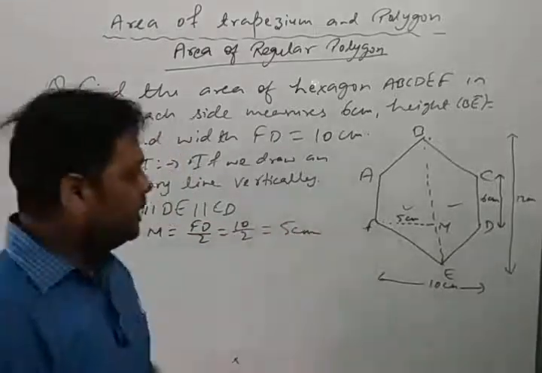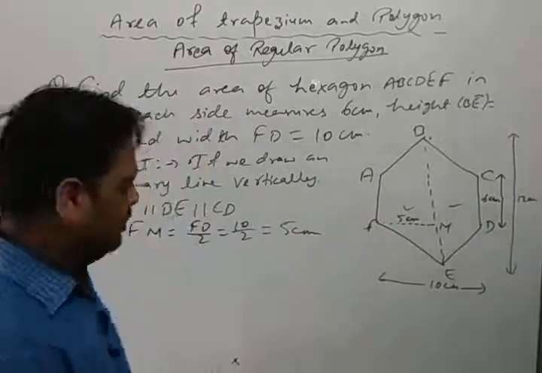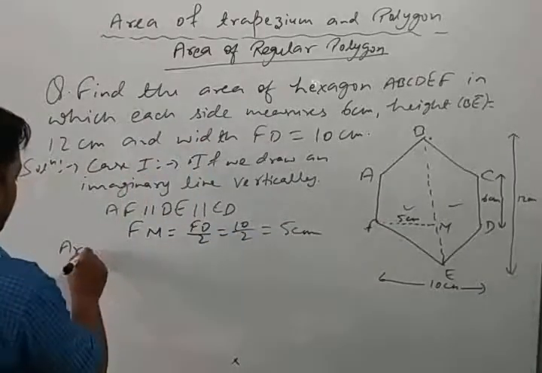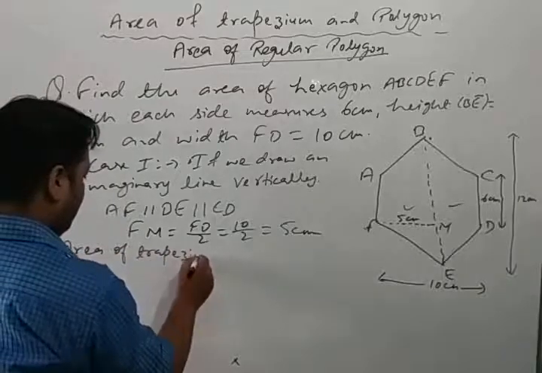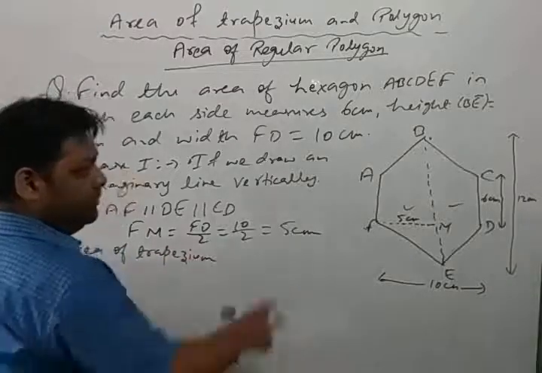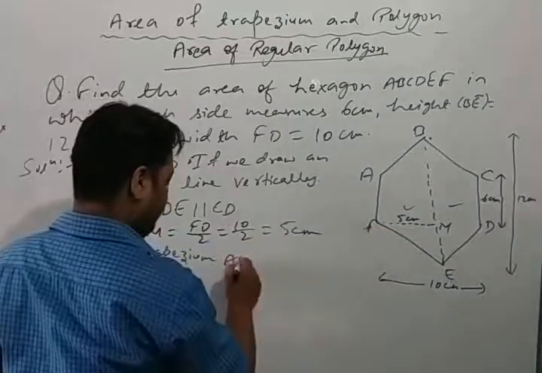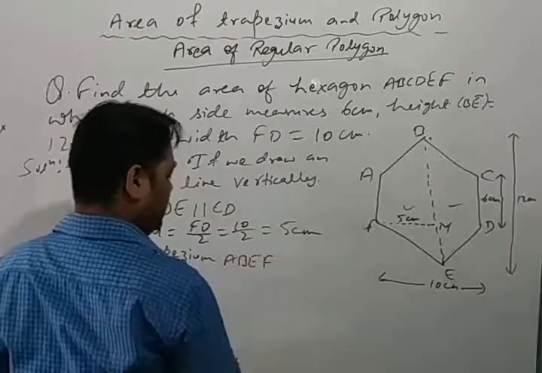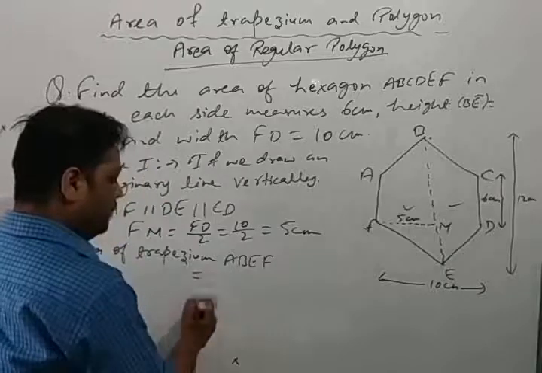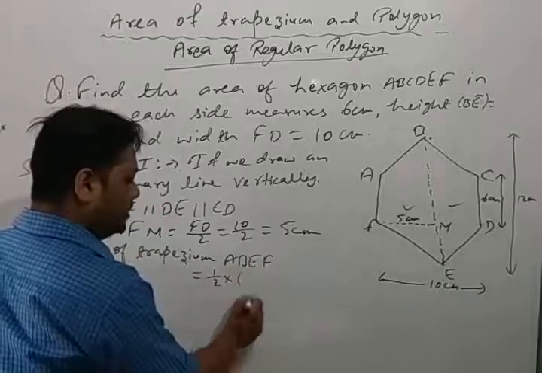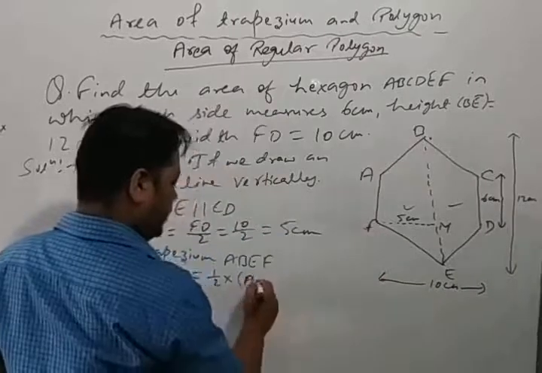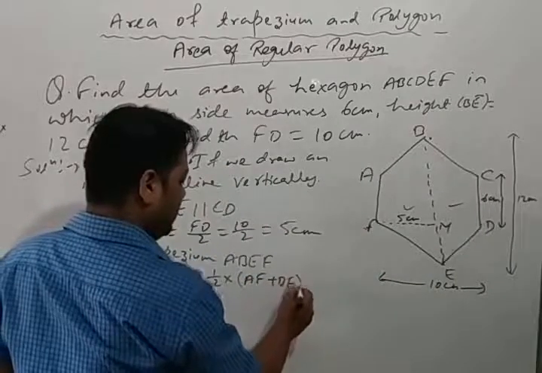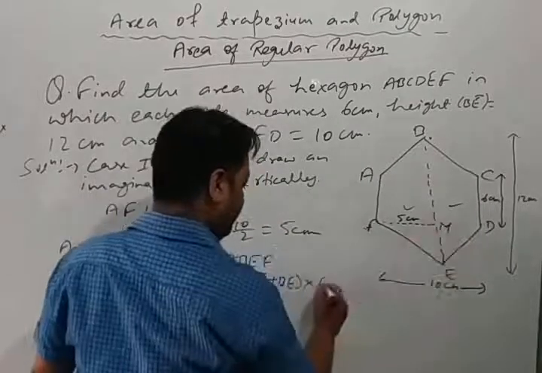Okay. Now we can find the area of this trapezium, only one trapezium. Then area of trapezium ABEF is equal to 1 by 2 into sum of parallel sides. So parallel sides AF and BE, so AF plus BE and height will be FM.